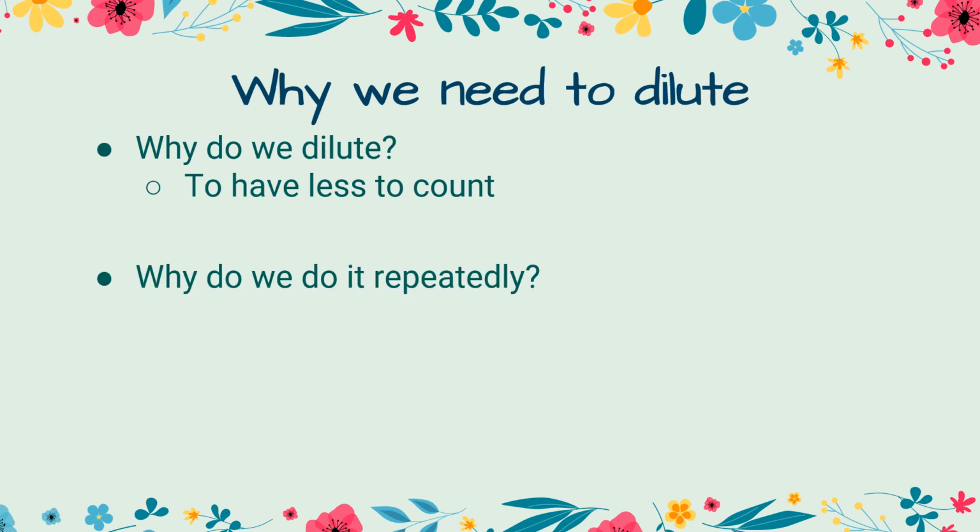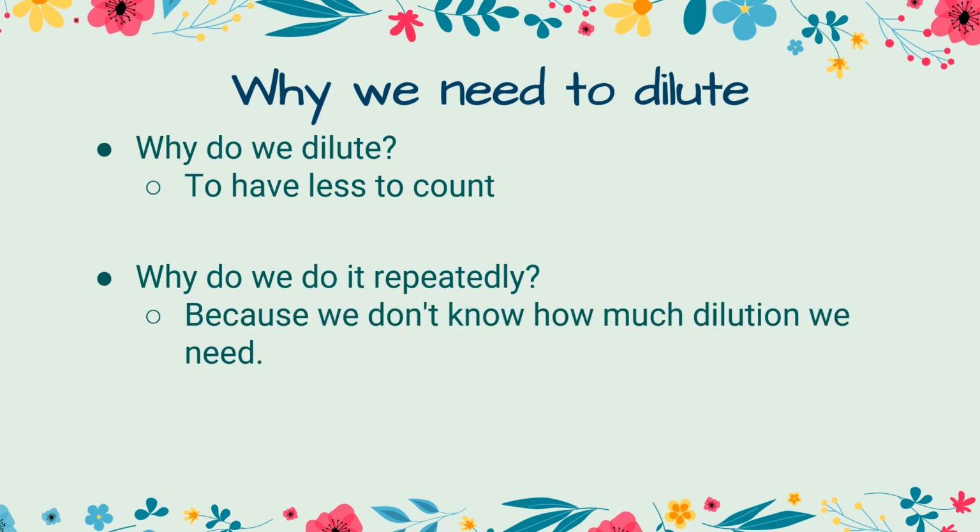Also, why do we do it repeatedly, like in a serial dilution? Well, every time we dilute, we also plate, and that's because we don't know how much dilution we need to begin with. So for every dilution in that series, we make a new plate to incubate, if we're specifically talking about microorganisms.